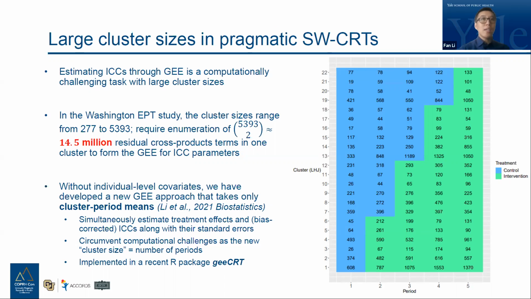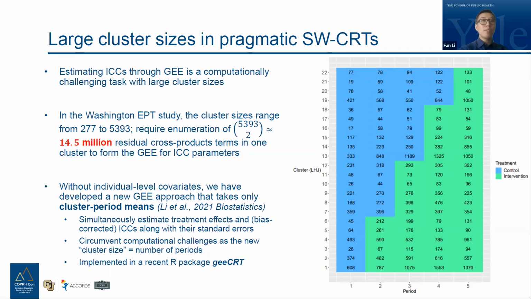Without access to any individual level covariates, we have tackled this issue and developed a new GEE approach that takes only the cluster period summary statistic from each time period, so that each cluster only contributes one observation per specific time period. And then without compromising the ability to estimate the treatment effect as well as the ICCs along with their variances, but really circumvent the computational challenges with enormous cluster sizes in pragmatic trials.